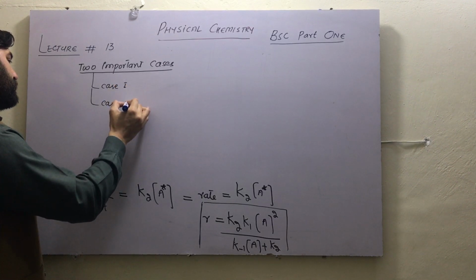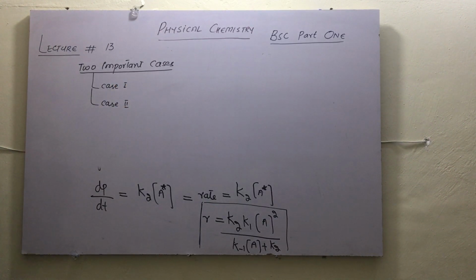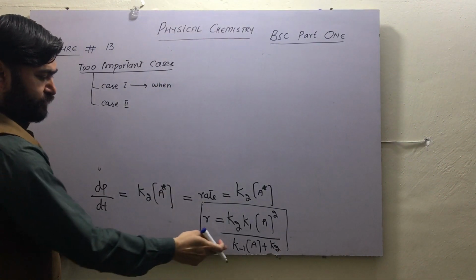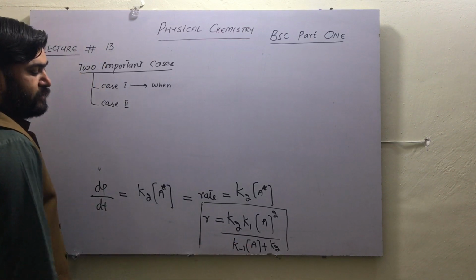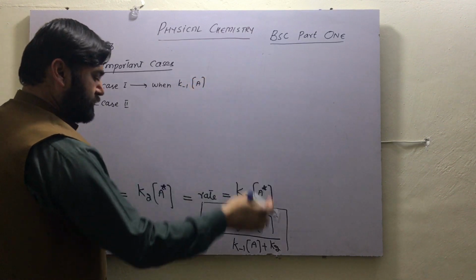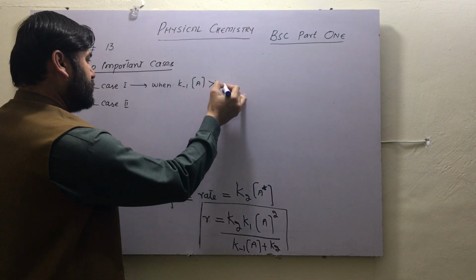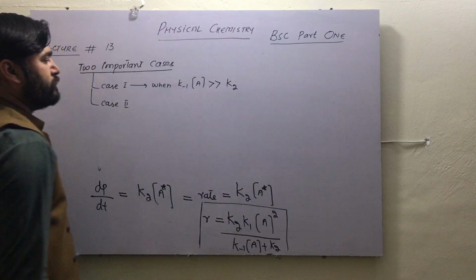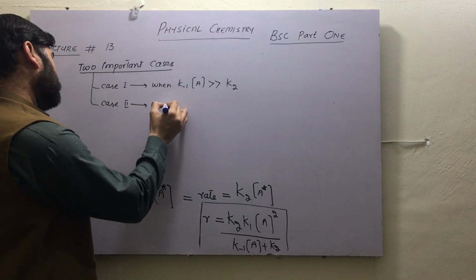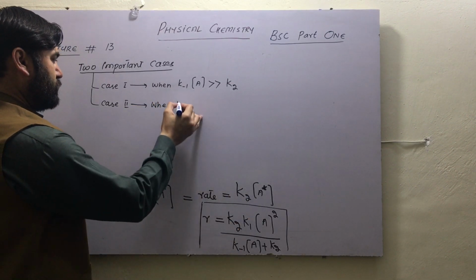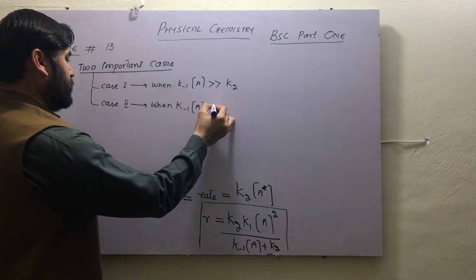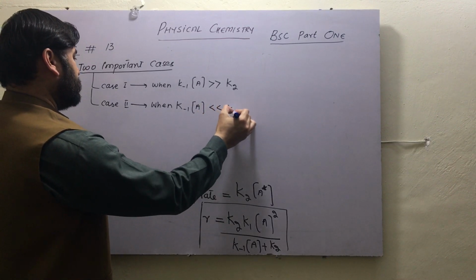Case number 1 says when k inverse a is very, very high as compared to k2. And the second case, when k inverse a is very, very smaller than k2.